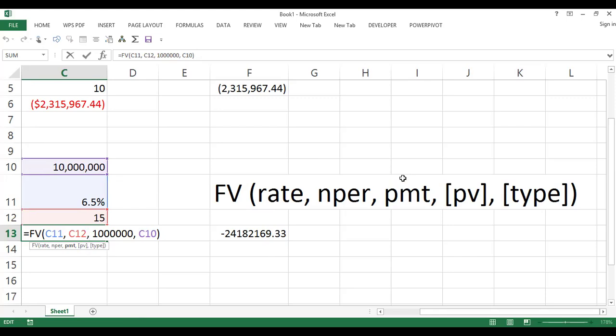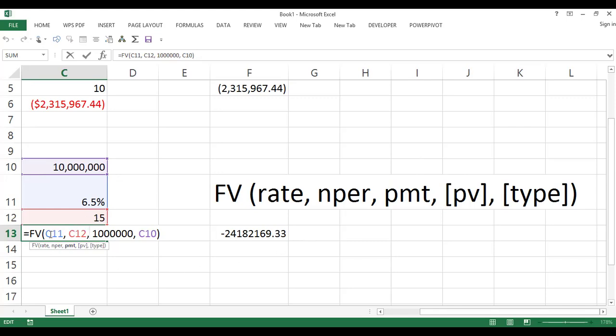And that the present value is 10 million. You first of all deposit a lump sum of 10 million. In addition to that, each year you are adding 1 million. That's the PMT.